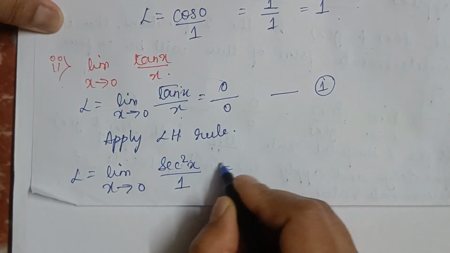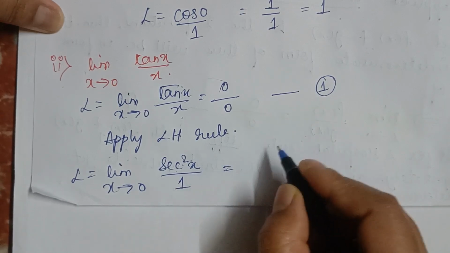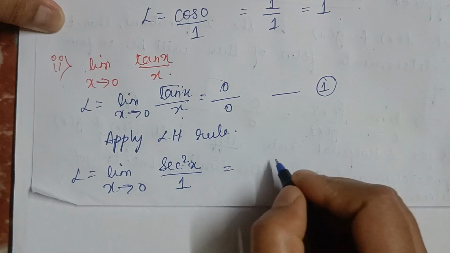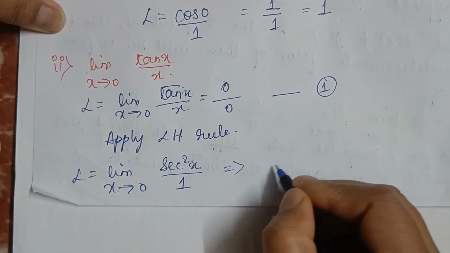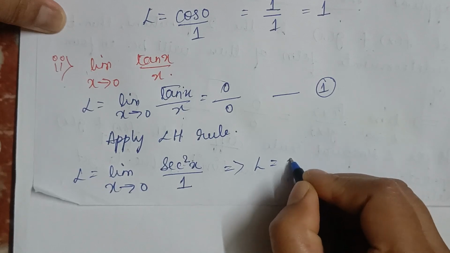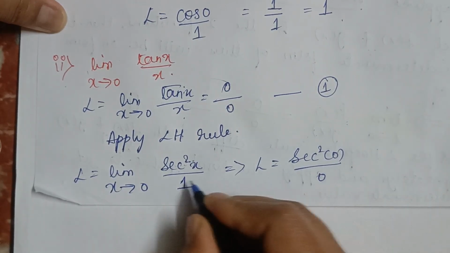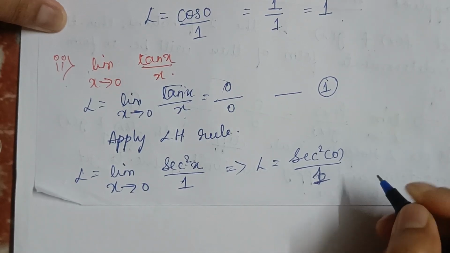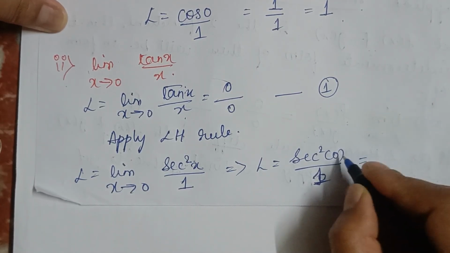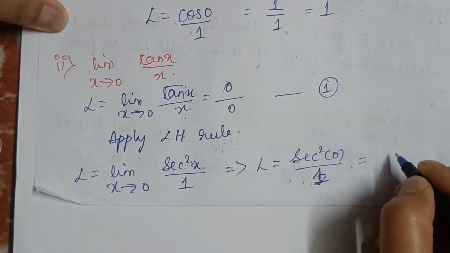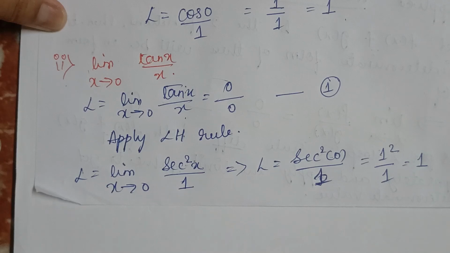I'll just apply the limits. Once I apply the limit, it becomes secant square of 0 divided by 1, correct? Secant 0 is 1, and here I have square, so 1 square by 1, which is equal to 1. I got the determinate form.